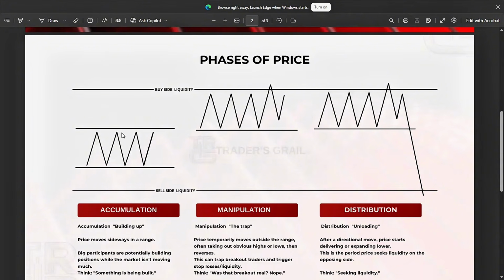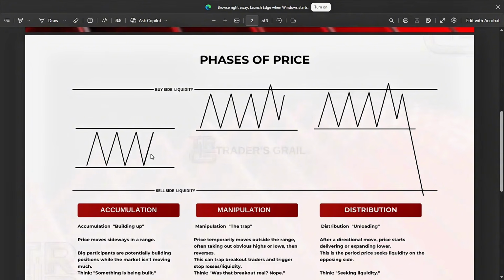So for you to identify this, you have to have your own range marked out, right? And then you have to have your sectional range, which could be the Asia section, the London section, and the New York section.